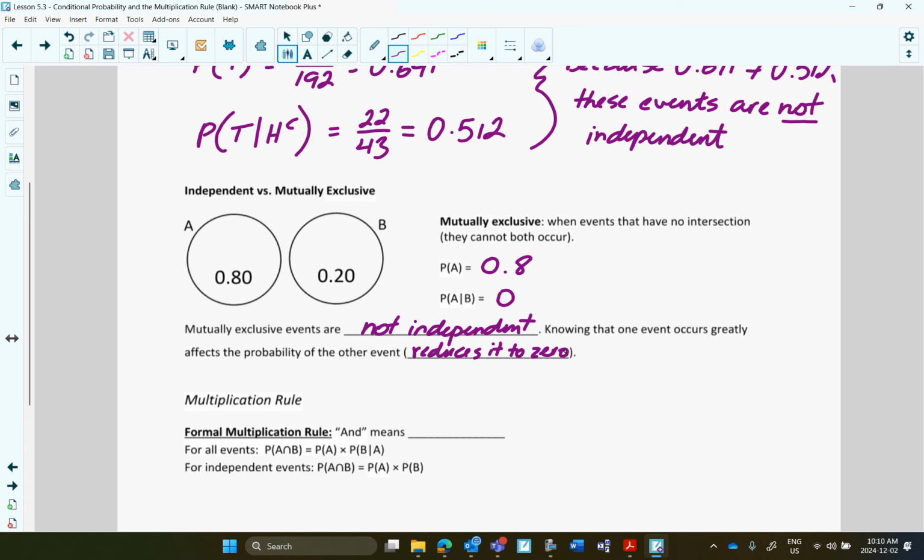I mean, maybe you could think of it, how could I say this? Like if these were two events, males and pregnant, and if I said this was 0.4 and this was 0.6, I'd say what's the probability of selecting a male? 0.4.